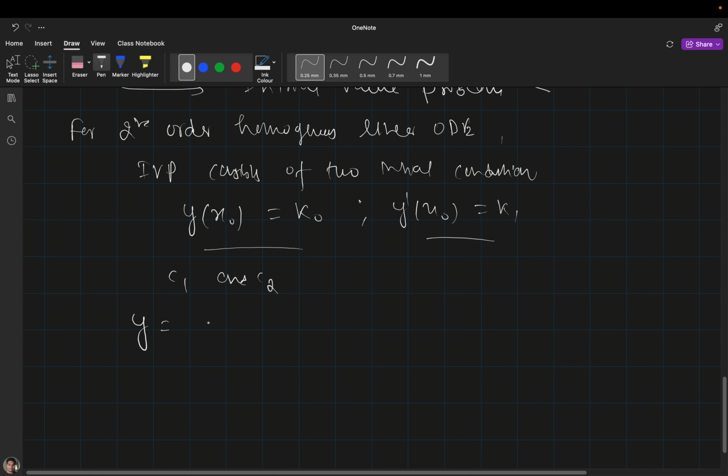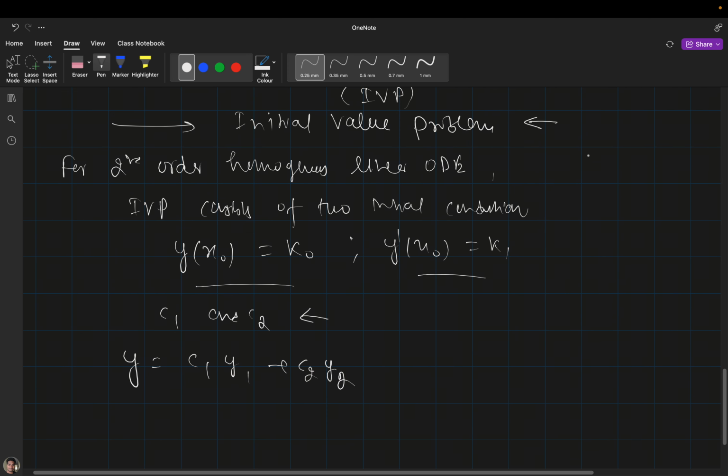If you get the solution of the linear combination C1 y1 plus C2 y2, which means that if you have two solutions y1 and y2, and you write a linear combination of those two, then this initial value condition will actually help to get C1 and C2. So that kind of problem we will call an initial value problem.